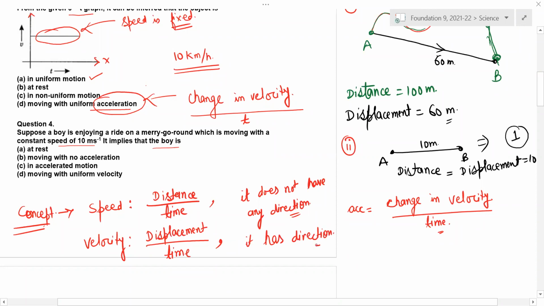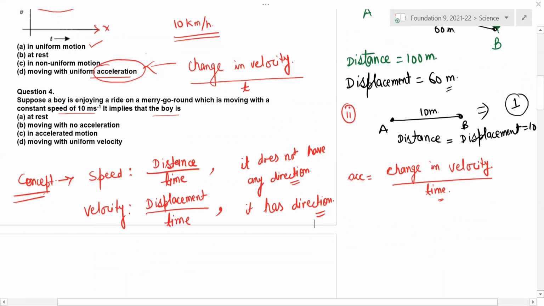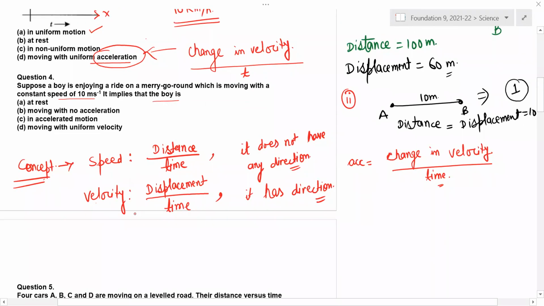Now what happens, even though velocity changes, we can say velocity means direction as well as magnitude. Any one changes, we can say it is changing. In speed, only magnitude should change. So speed is 10 meter per second, fixed.